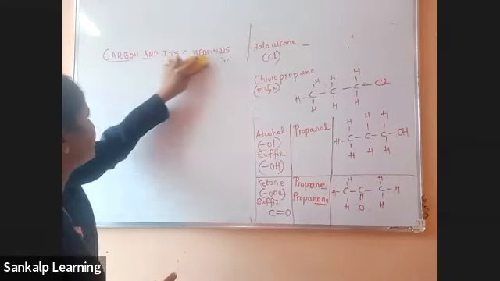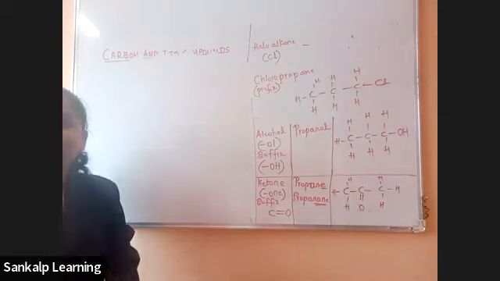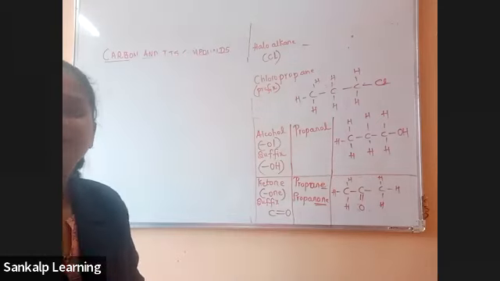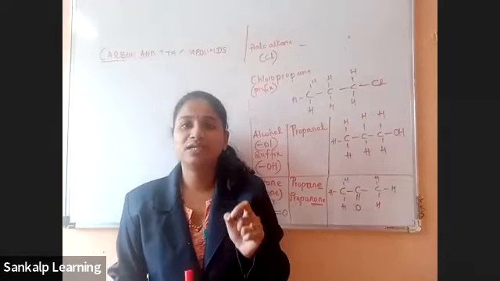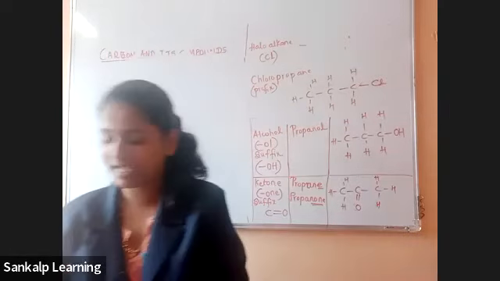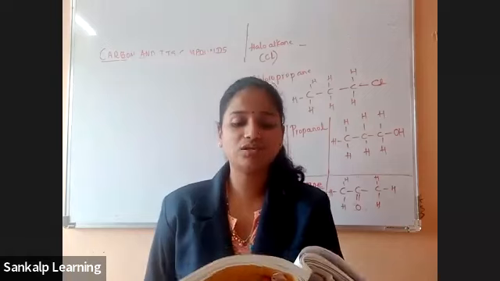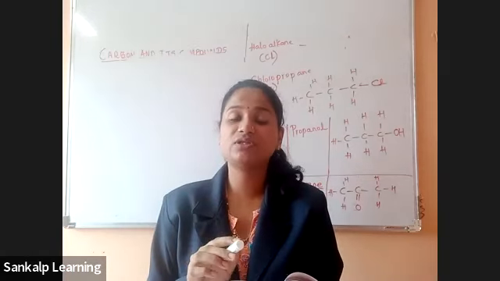Let us solve some examples from the in-text questions. Fine. In the text question on page number 69, the fourth question, they ask: draw the structures for the following compounds.